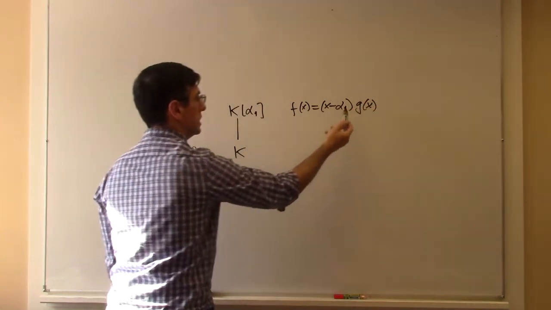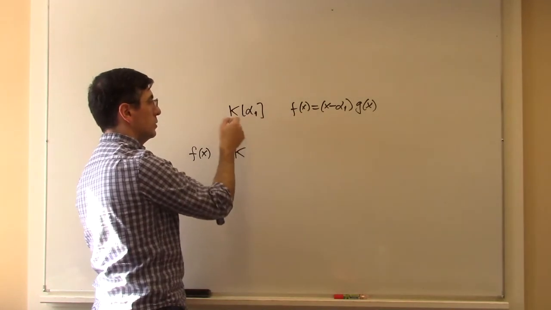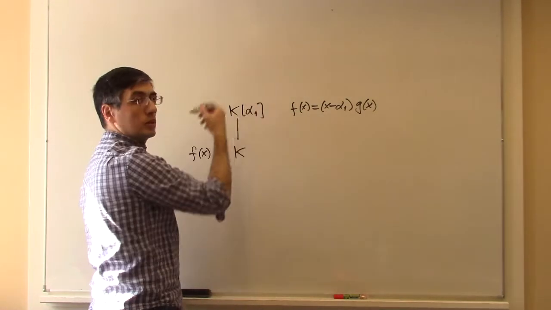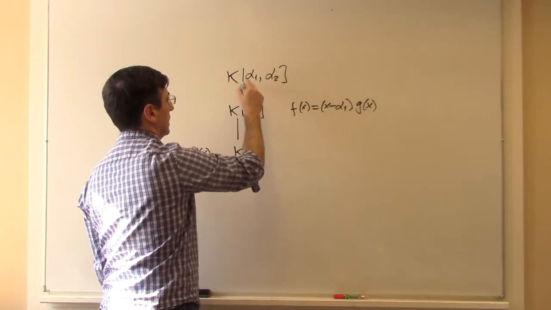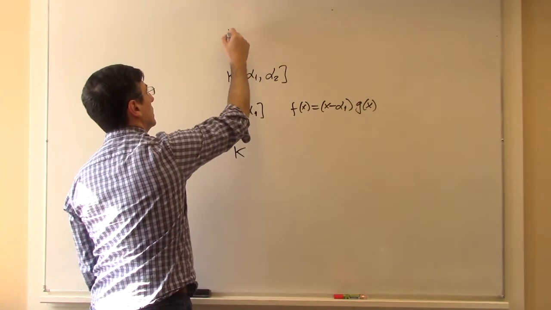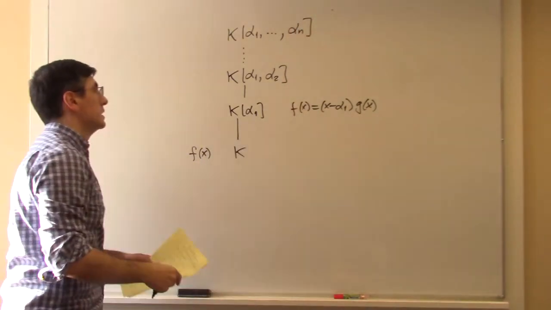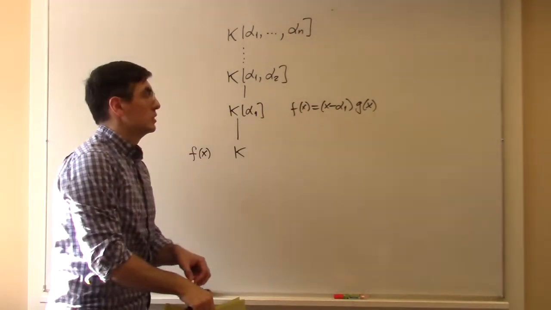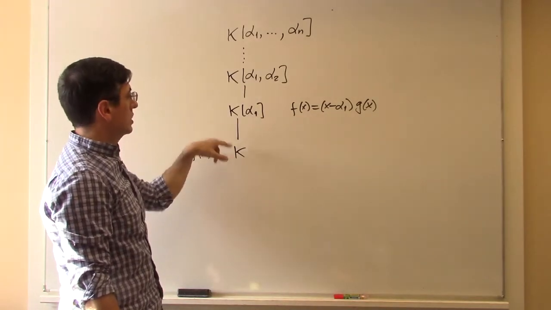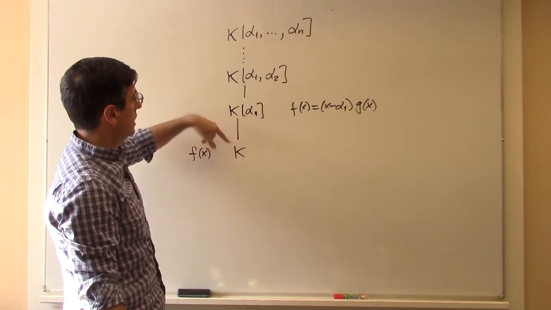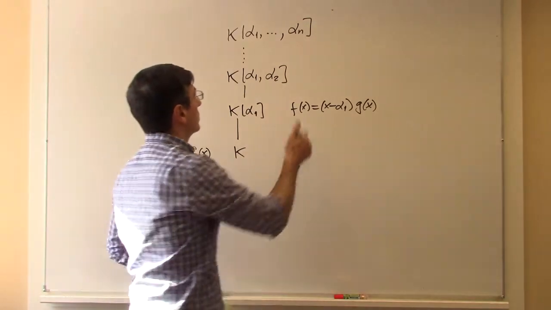If this g(x) is again irreducible, you apply the same construction, but now with the field L, and you adjoin another root, and you continue until you have done this enough so that your field finally contains all the roots. This is the smallest normal extension, or the smallest Galois extension of K, which contains all the roots of f. So this is the splitting field of f.